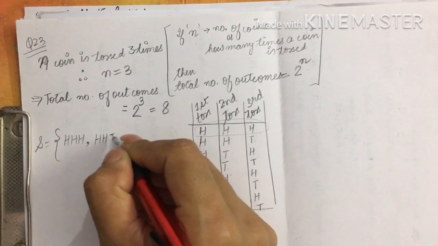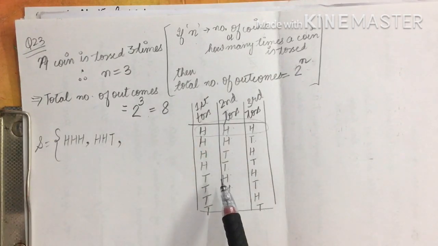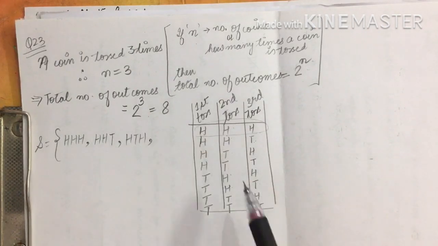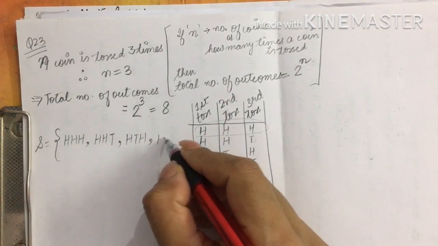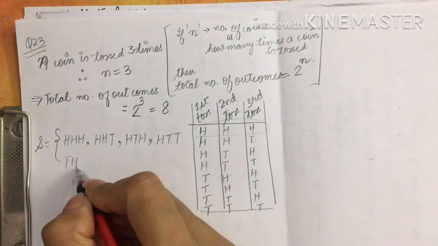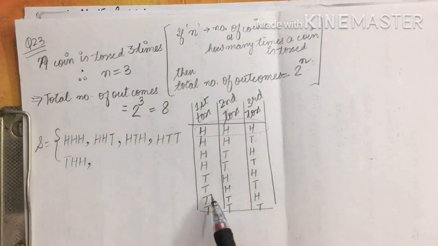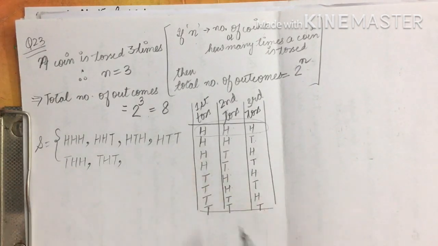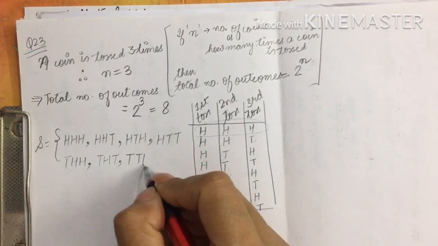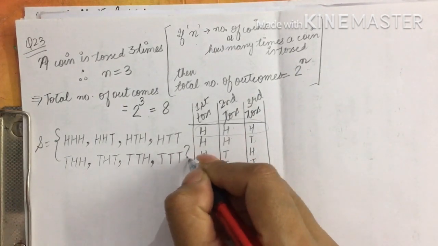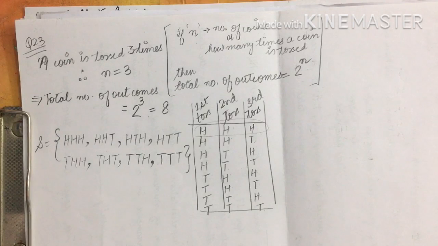So H, H, T, then H, T, H, H, T, T, then T, H, H, THT, TTH, TTT. This is one way to write down the sample space.